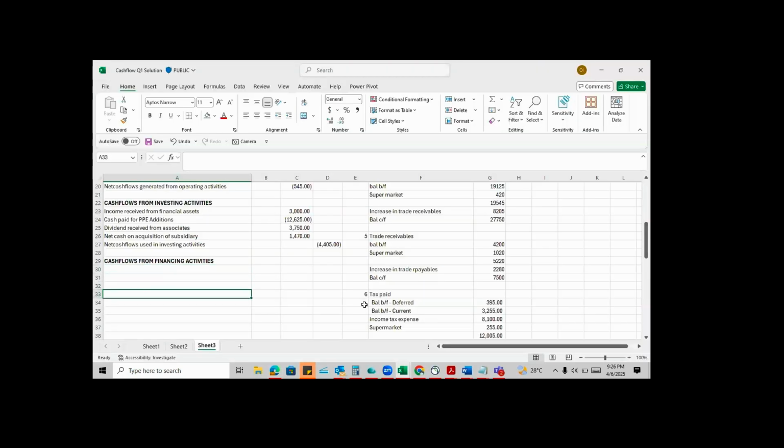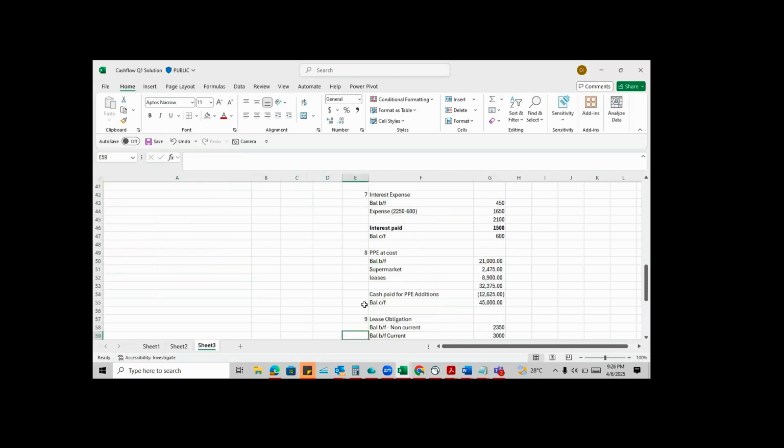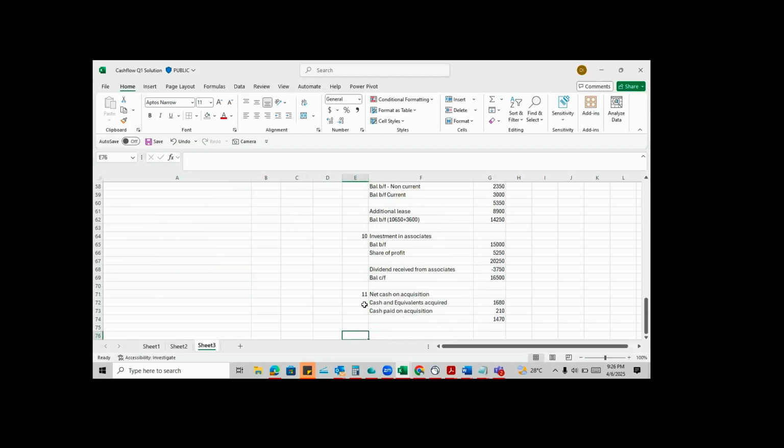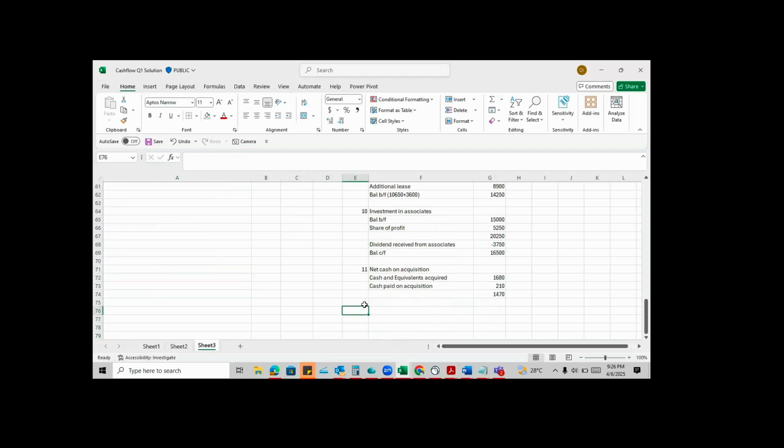Let's start with NCI. Number 12, dividend paid to NCI, a subsidiary that paid NCI.